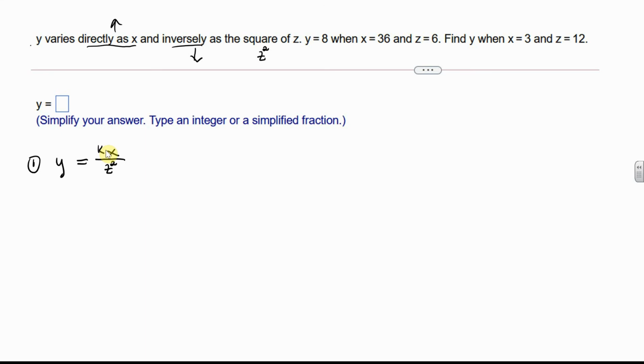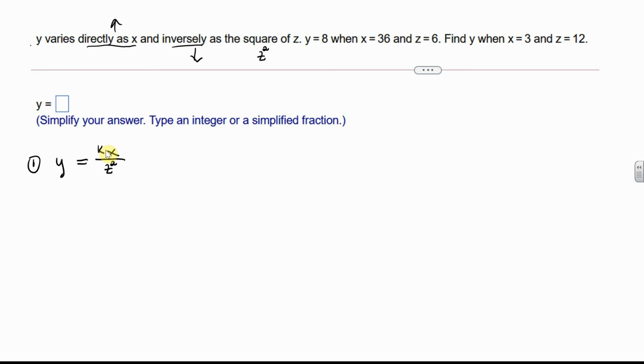So here, y varies. That means y equal to, the word vary represents the constant. So y is equal to some constant, is directly as x. That's going to be the constant times x. And then it says inversely, downstairs. In my denominator, what's downstairs? The square of z, z squared. Okay.